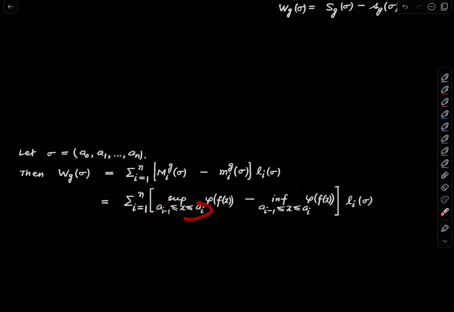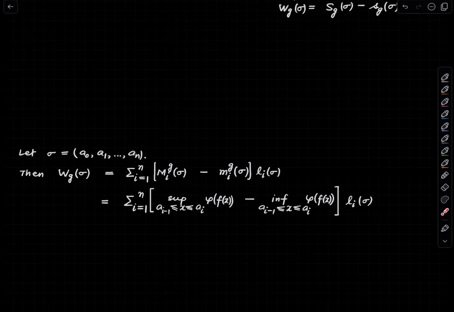If over the ith part, the oscillation of f is small, then this whole quantity, the oscillation of the composite, is also small. Because phi is a uniformly continuous function. Phi is a continuous function on a compact set, and hence uniformly continuous. So if we knew that this doesn't oscillate much over the ith part, then we could bound it in principle, roughly speaking, right?